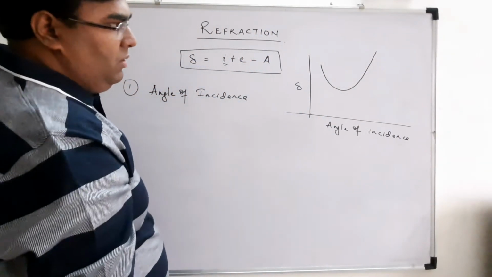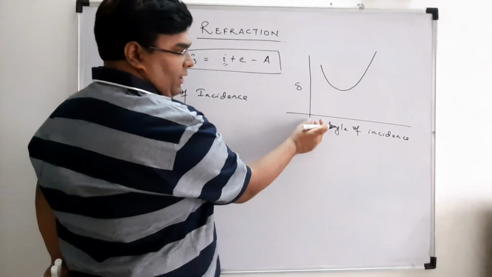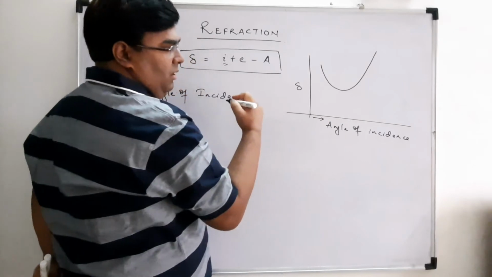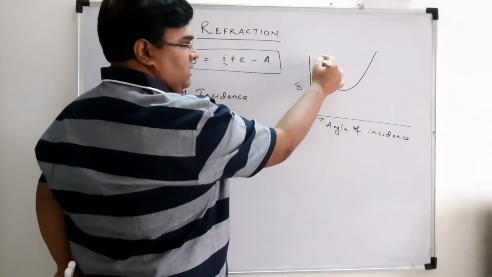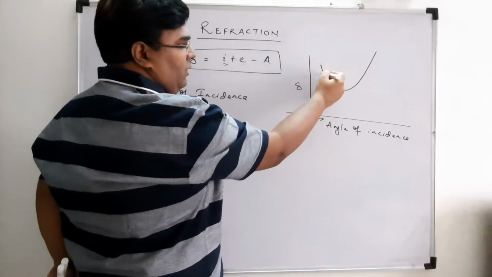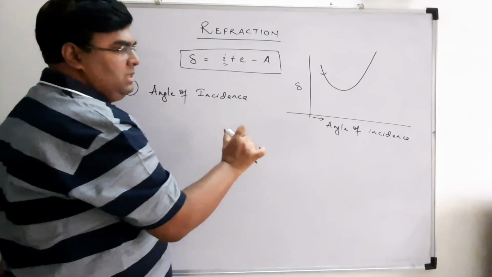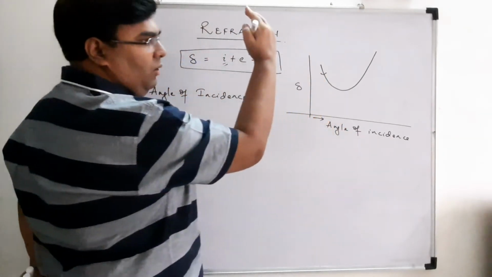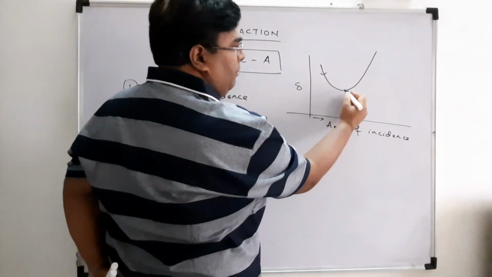Let us understand this graph: if we increase our angle of incidence, initially my angle of deviation, which starts from this point, goes on decreasing. So initially when you increase the angle of incidence, your angle of deviation starts decreasing and it will reach a minimum point.